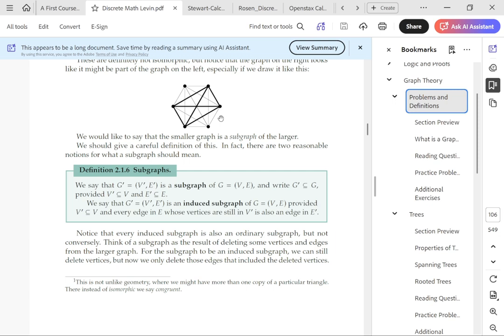The first type is we say that G prime equals V prime, E prime is a subgraph of our graph G equals V, E, provided V prime is a subset of V and E prime is a subset of E. So just very general, this notion of subsets we've covered in a previous module. So if I call this my graph G that we see here, I can call this a subgraph.